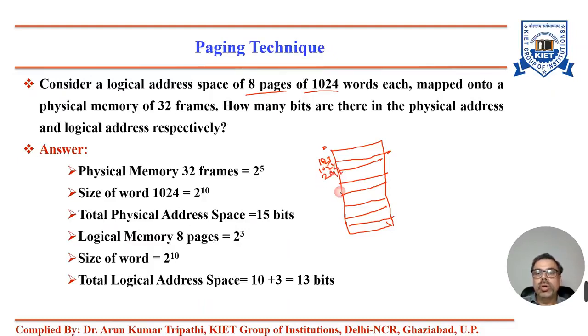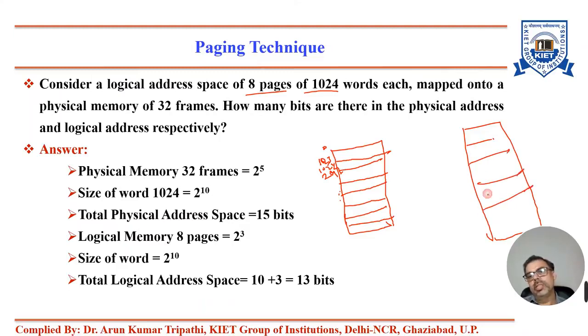It is mapped into a physical memory of 32 frames. Here there are 32 frames. I am drawing the 32 frames, something like that one, and here there will be the OS also, so I cannot ignore it.